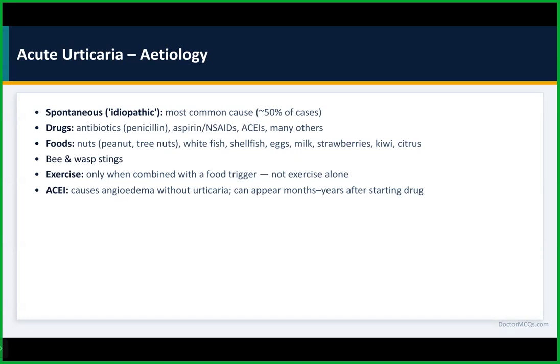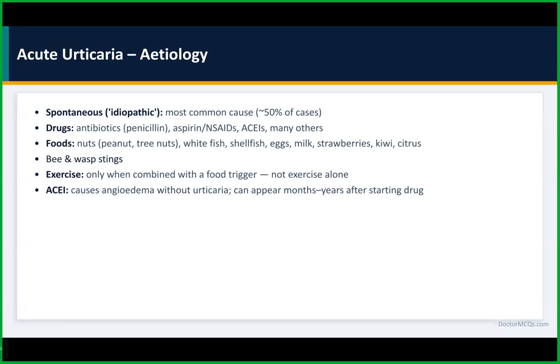That's why it's very important to ask the patient if they have any drug allergy before giving the treatment. Foods include nuts, some white fish, shellfish, etc. In these cases it's important because it can also cause angioedema, and angioedema can further cause respiratory difficulty.